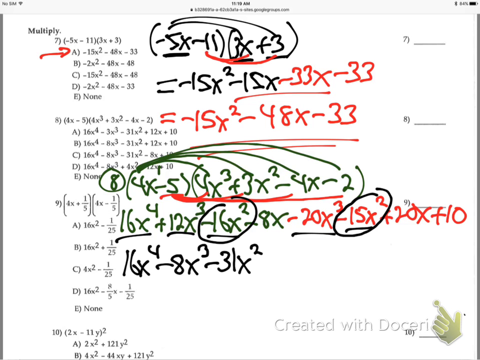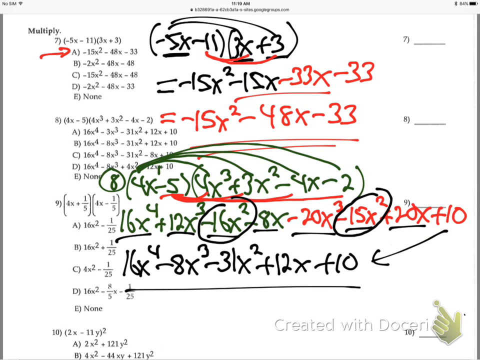And then the minus 8x and the plus 20x is plus 12x. And then we just had the plus 10. There it is. Hopefully that's one of those answers. B as in boy? Yeah, looks like it.